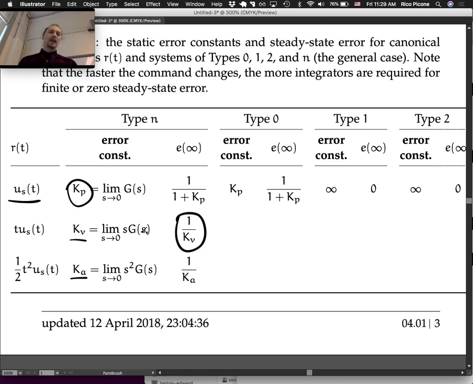Our G(s) has no integrators in it, so that's what type 0 means. As s goes to 0, there's not going to be anything in G to cancel that s. If there was one integrator, we would have a 1 over s, and they would cancel. But there's nothing to cancel it, so as s goes to 0, kV is going to go to 0.